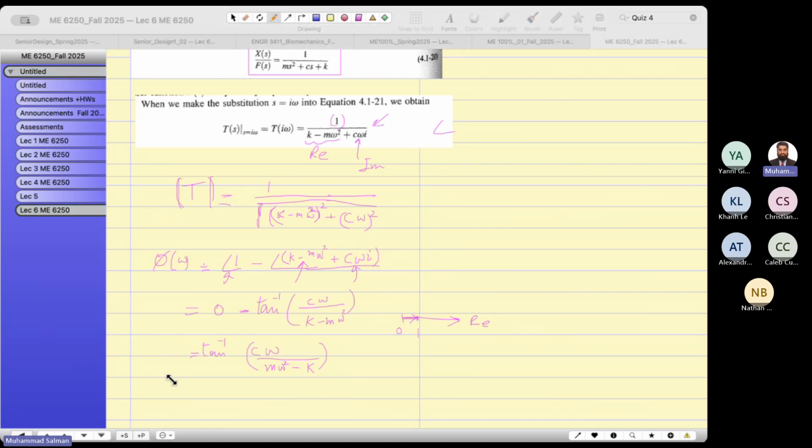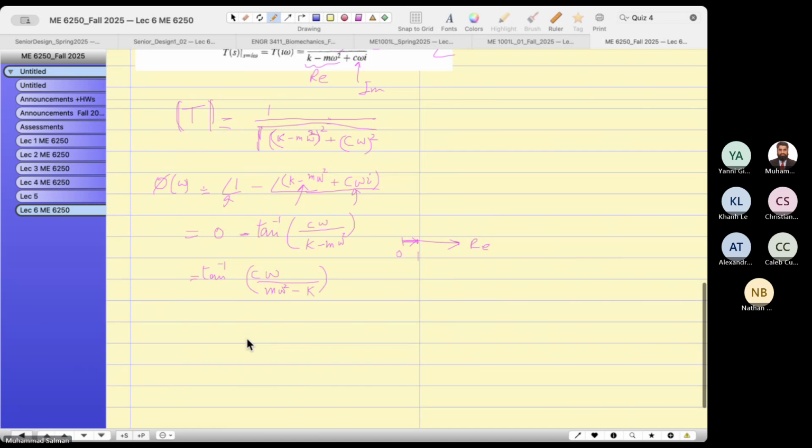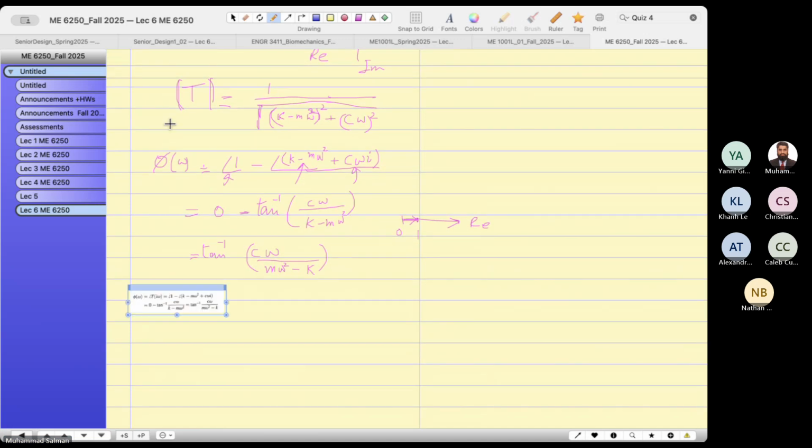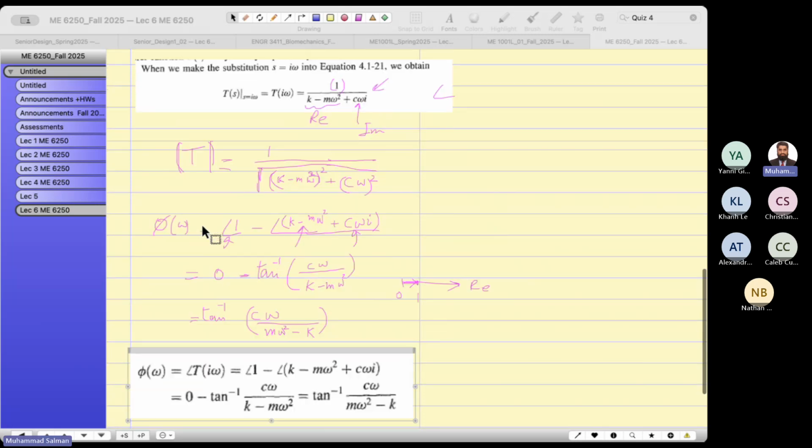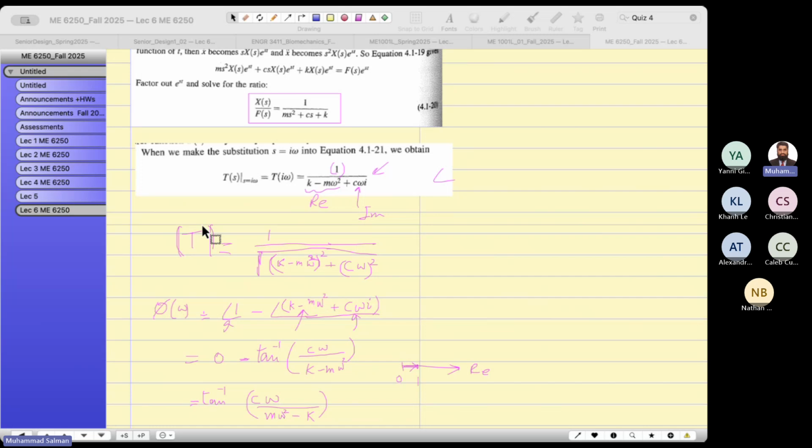So let me copy and paste this theory behind the transfer function. So over here, you have understood how to find the angle of the transfer function as well as the magnitude of the transfer function.